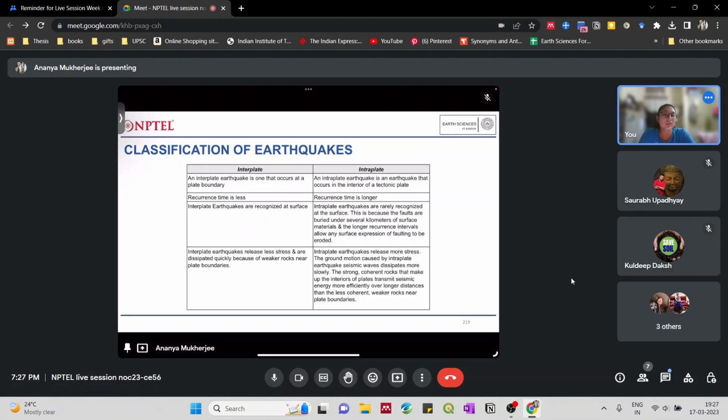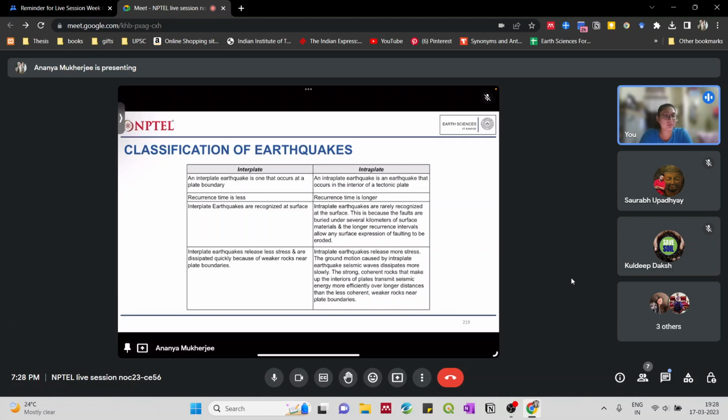Intraplate earthquakes, as I said, are rarely recognized on the surface. The faults are buried under several kilometers of surface materials, and because of the longer recurrence intervals, the expression of the faults may be eroded.